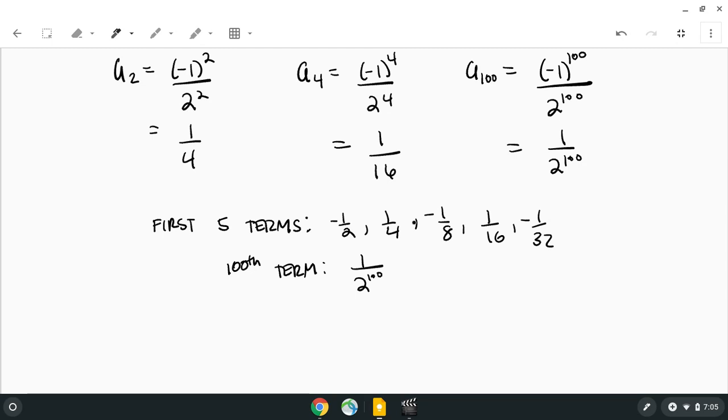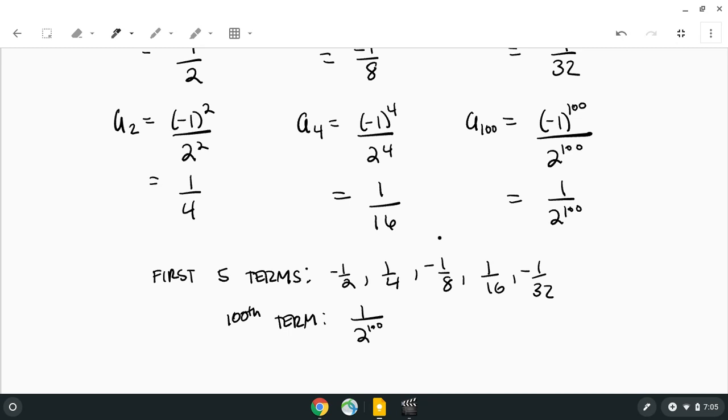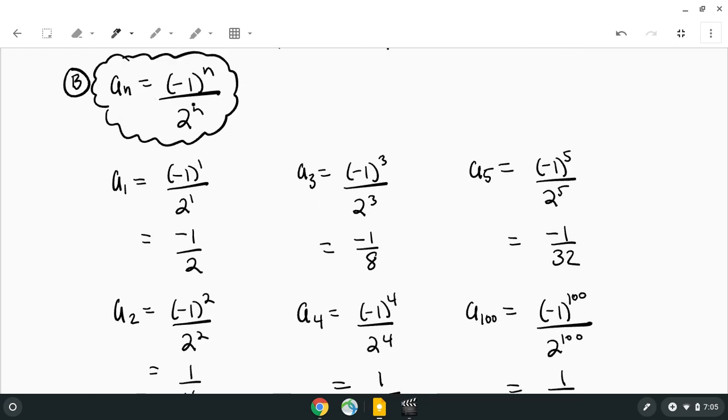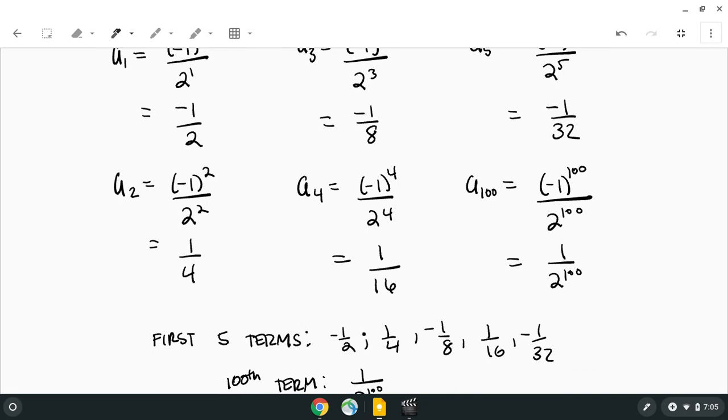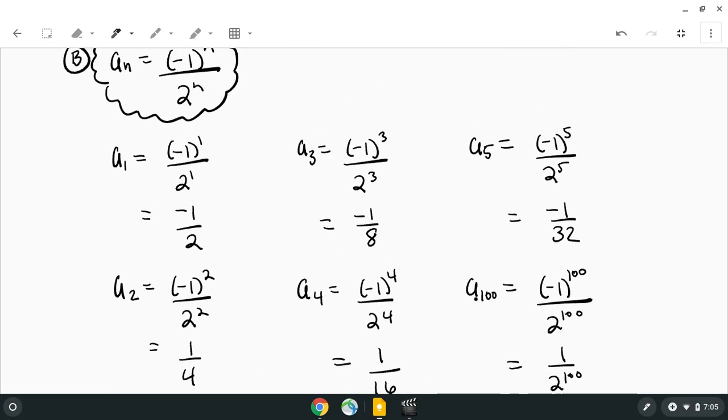They're not going to give it to you. They'll give you maybe the first 5 terms, and you have to guess, determine what the given function is.